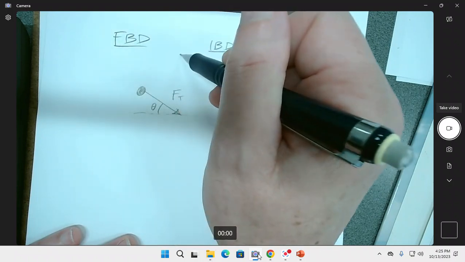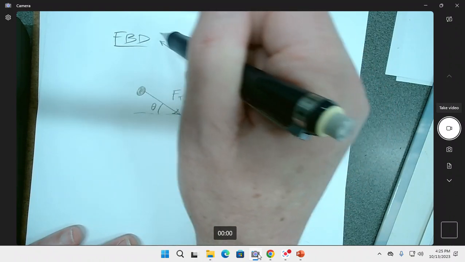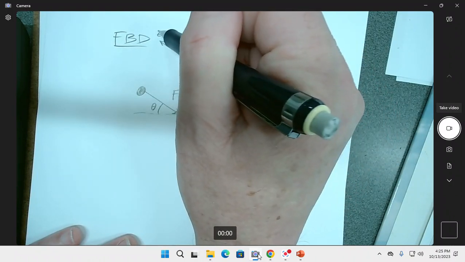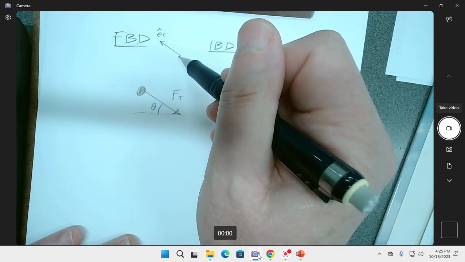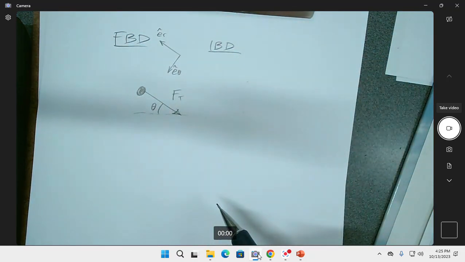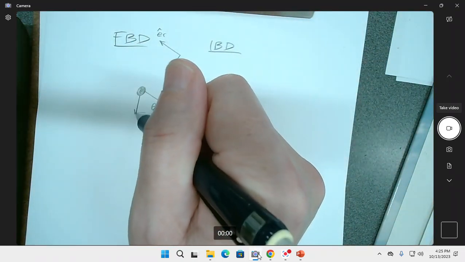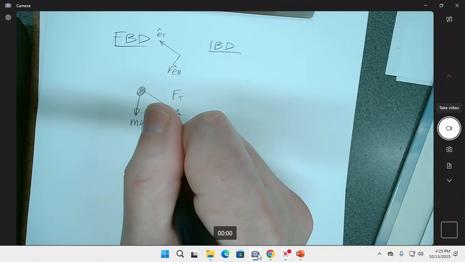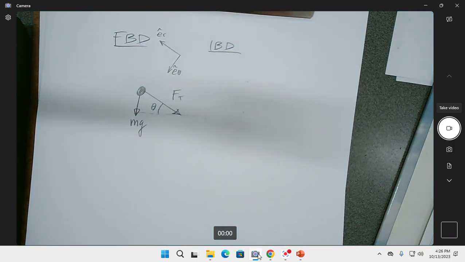That's going to be the R direction, and here's going to be the e theta direction acting onto it. Of course, you have gravity, mg, acting onto the parasailer.